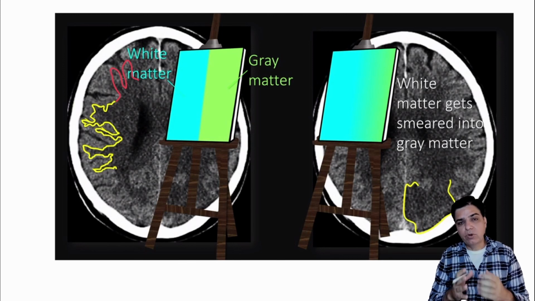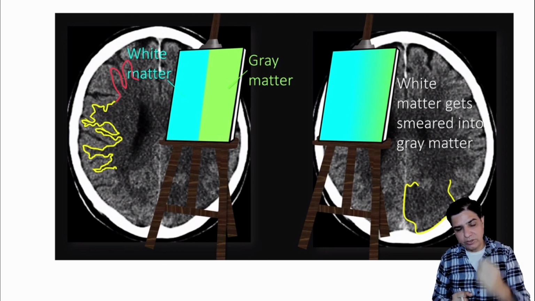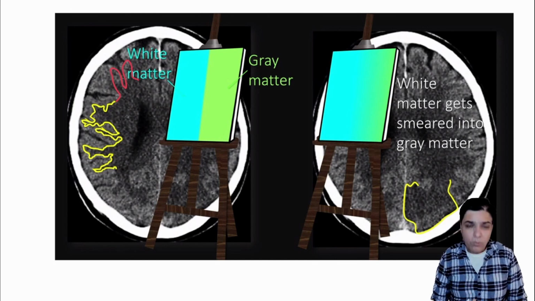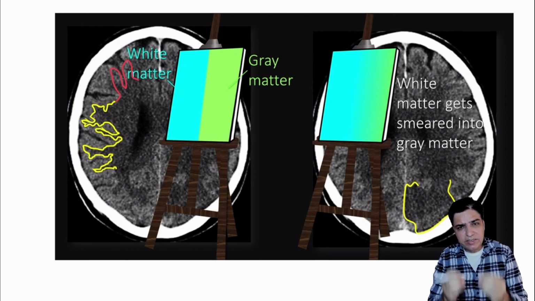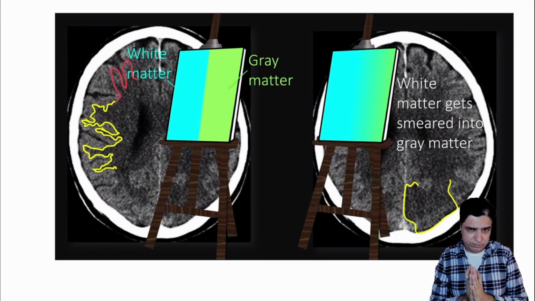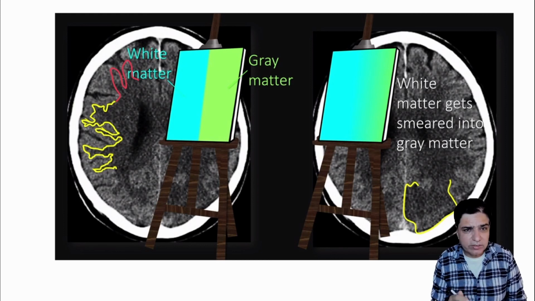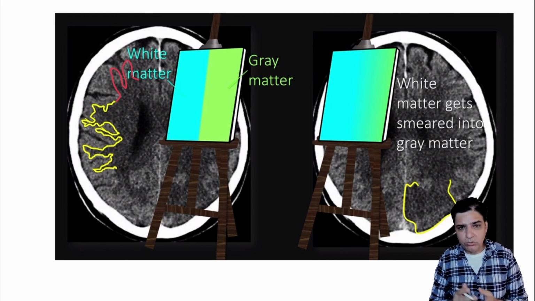But we also do these CT scans to see if there is a bleed on the surface of the brain in the form of extradural, subdural, subarachnoid, intracranial, or infarction. So I hope this small lecture gives you insights into how you can easily read the CT brain to pick up these conditions.